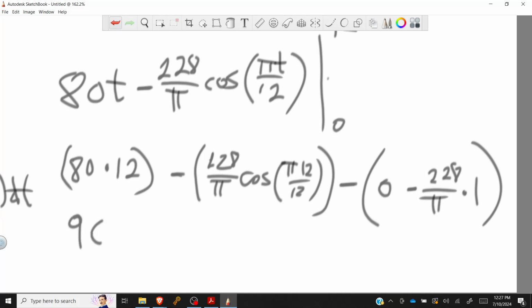So 80 times 12 is 960. Pi times 12 over 12 is pi. This is 0, this is pi over 2, this is pi. And the x-coordinate here is negative 1, 0. So cosine would be our negative 1 there.